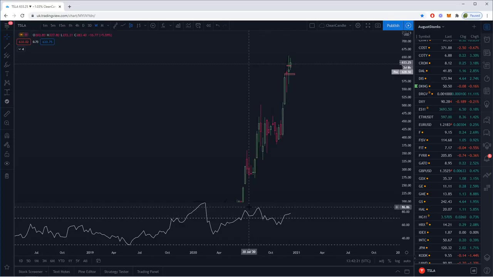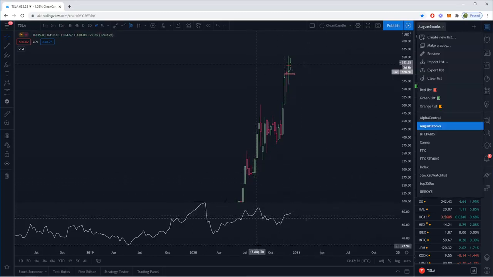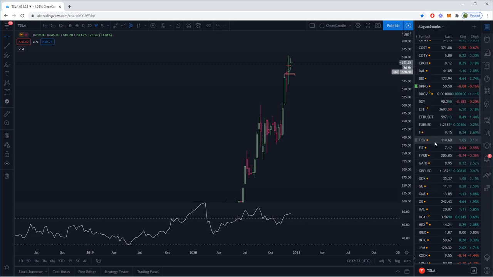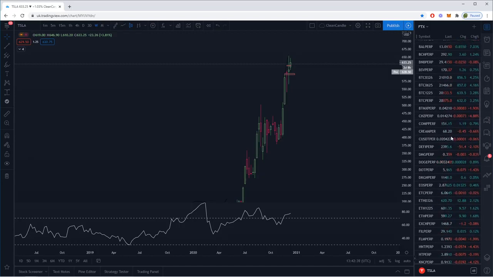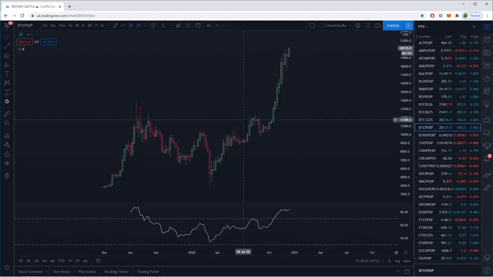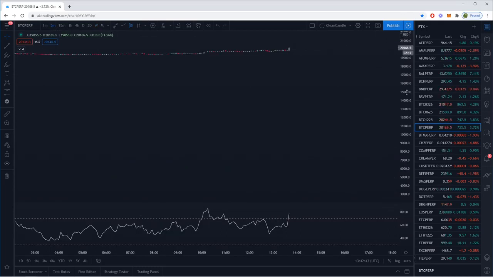So the setup was viewable from the TA, but there was a fundamental driven event that pushed that into action. That's what I look at, right? I'm looking at the TA first and foremost, and the FA I still consider as a driver and something I have to be reactive to.